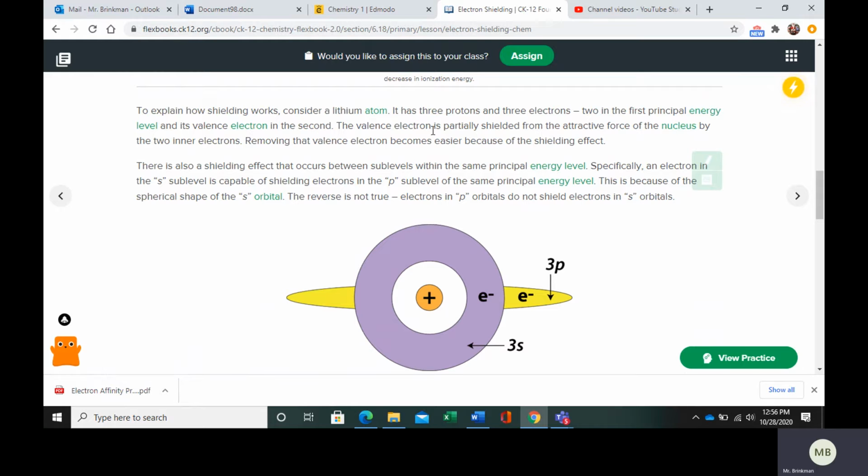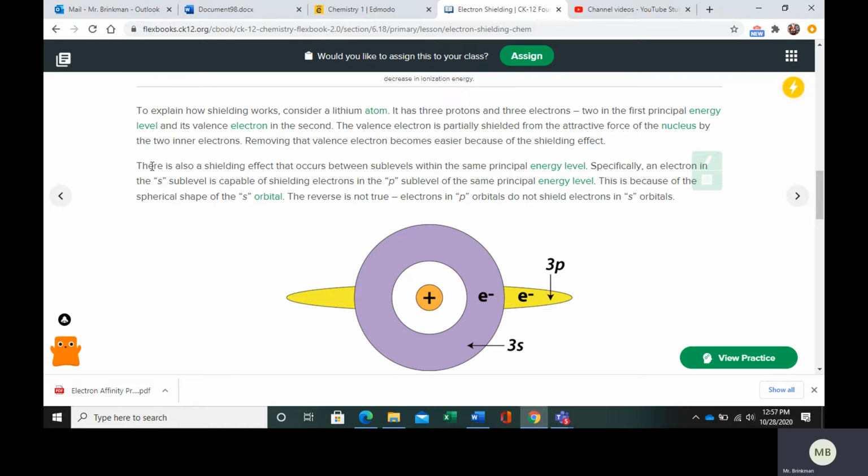So the valence electron is going to be partially shielded from the attractive force of the protons in the nucleus by these 2 inner electrons. So removing that electron is going to be easier because of the shielding effect. It has less attraction to the protons because the inner electrons are shielding it.